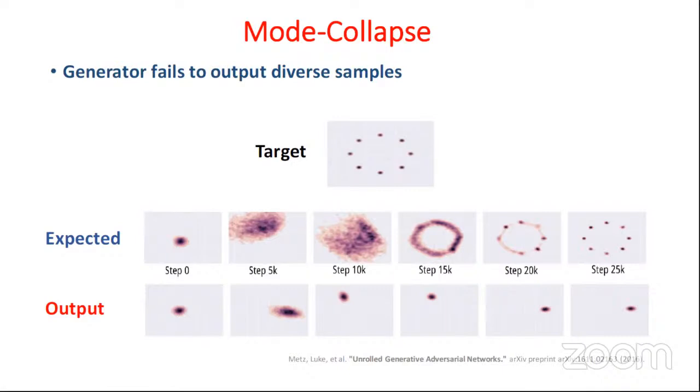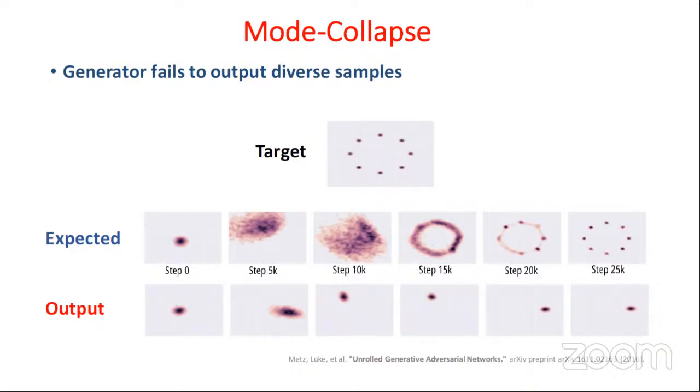The generator generates a very good image at some point of time, and shows that image to the discriminator. The discriminator is very pleased with the image, gives it a very high score. But then the generator goes on generating the same image again and again, and the discriminator also falls in a loop. The generator neglects other types of images.